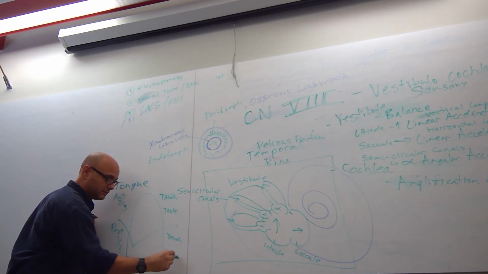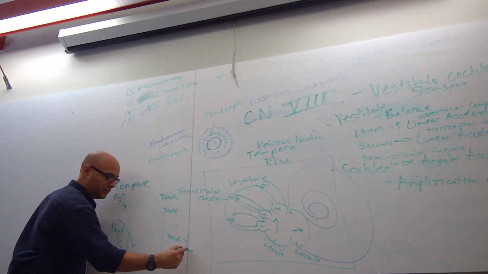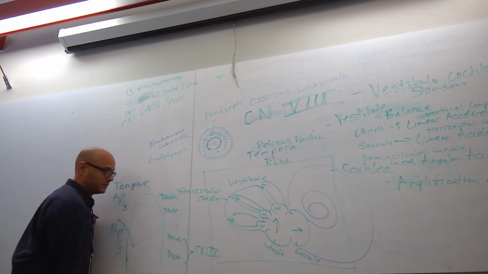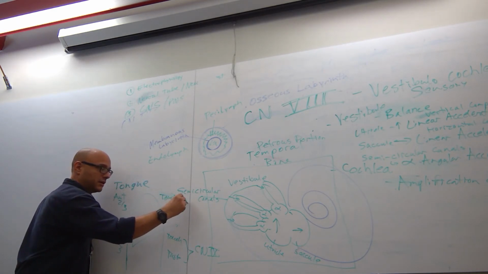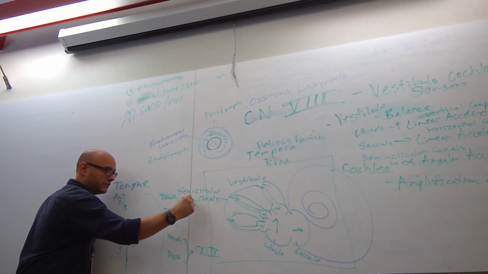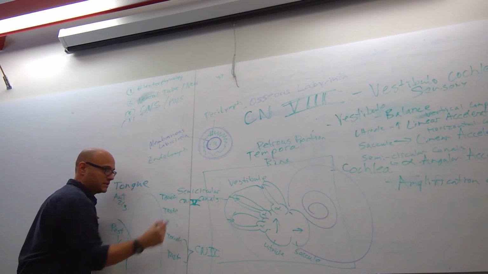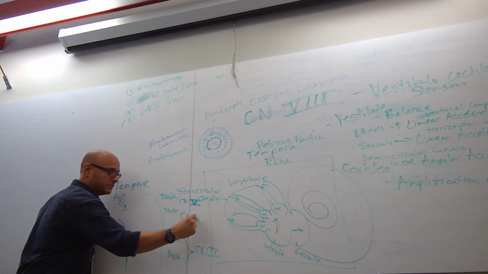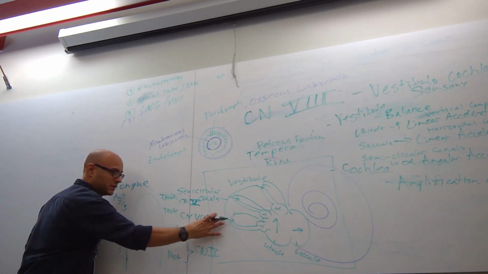On the posterior 1/3, it's all done by cranial nerve number 9, and touch is done by cranial nerve number 5, which is general sensation of the face. That would make sense. And taste would be cranial nerve number 7, what they call the tympanic.